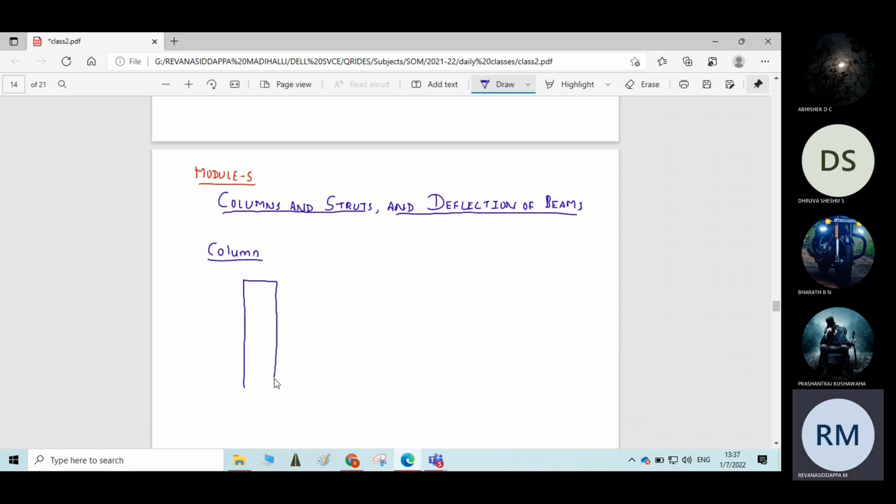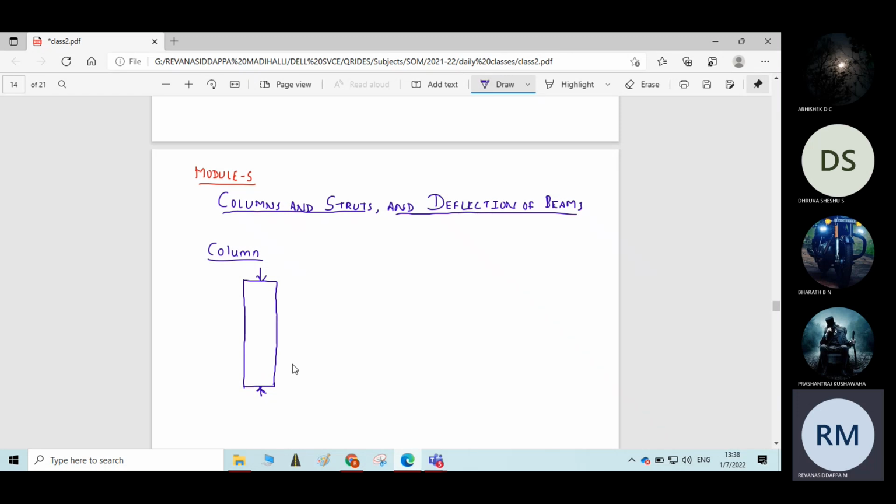In common language we will call it a pillar, correct? So technically it is a column.